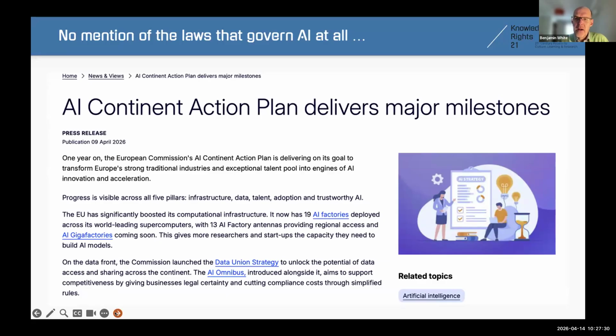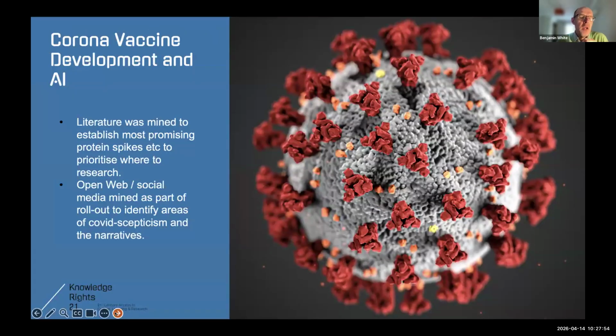Lots of good stuff around AI, but it doesn't mention the elephant in the room, the laws that determine whether copying is permissible for machine learning or not. So I think at the policy level, there are clear weaknesses and a lack of understanding about the legal framework that contextualizes machine learning.